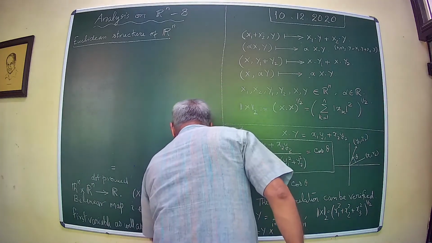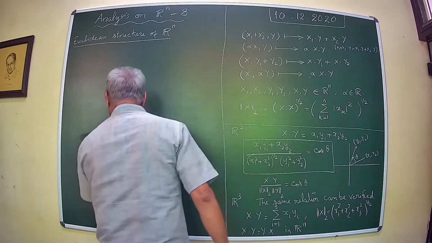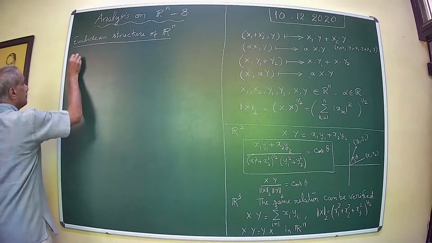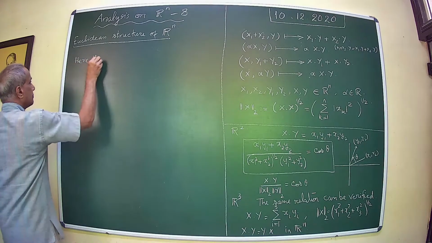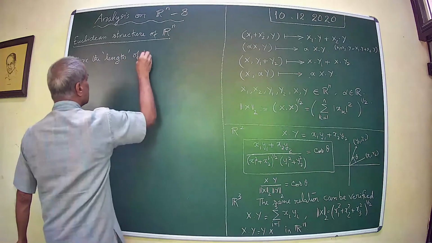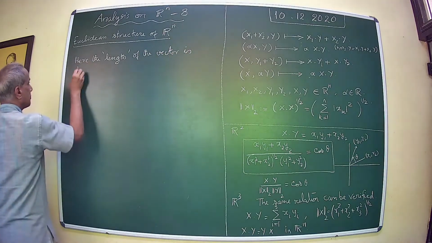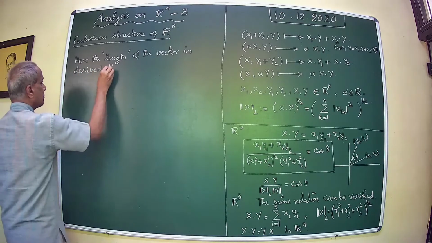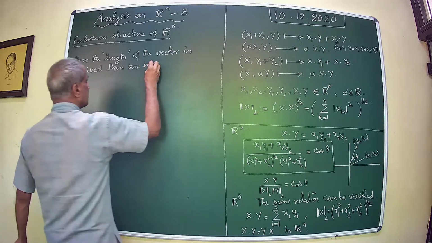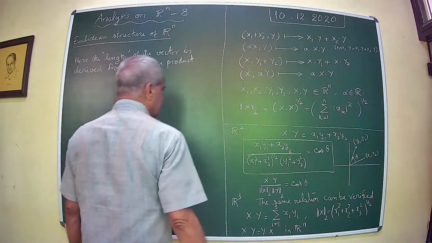So this is a length derived from an inner product. It gives two things.